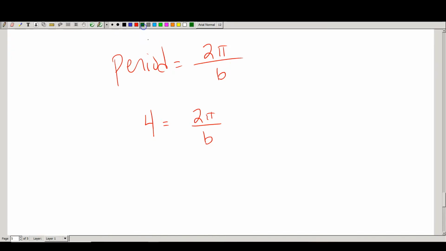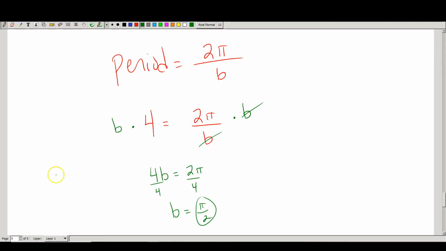We can solve for that by, let's see, we could multiply by b on both sides of this equation so that we get rid of it on the right hand side. That would leave 4b equals 2 pi, and then we could divide by 4. So divide by 4. So therefore b is equal to pi over 2. That's what the b value is here.